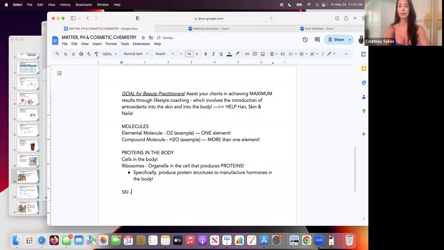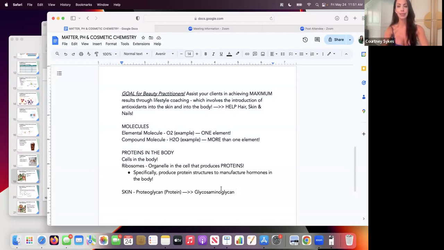Now in the skin, you have something known as a proteoglycan. Proteoglycan is a type of protein structure in the skin that then produces a glycosaminoglycan. Just follow me for a minute. Glycosaminoglycans are also protein structures, of course, because they come from proteoglycans.